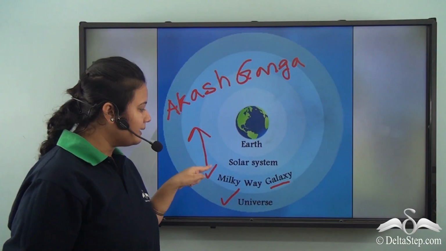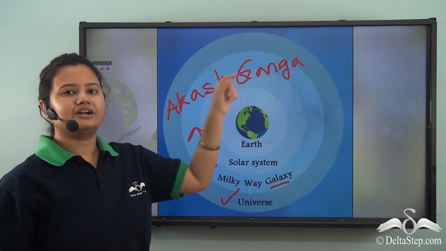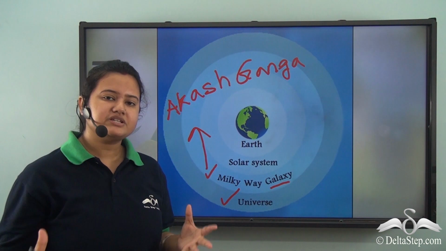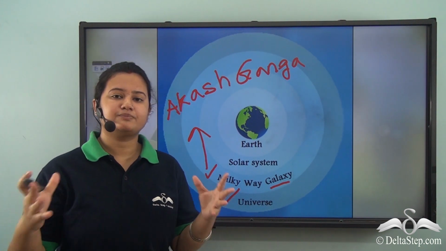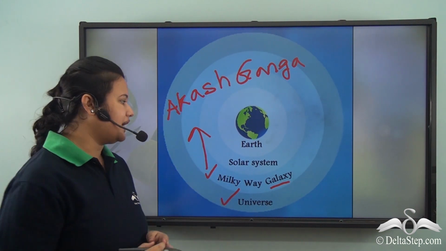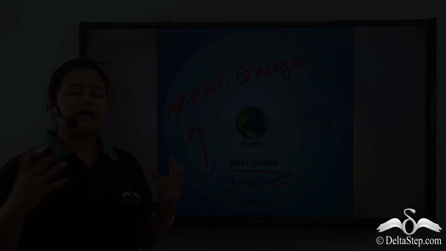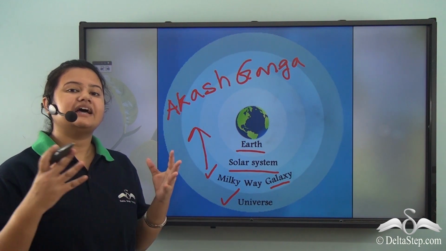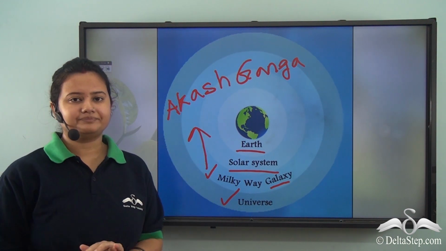So, we belong to the Milky Way or Akashganga galaxy. Now, within this galaxy, a subsystem of the Sun and 8 planets is present, which is known as the solar system. And our Earth, where we live, is one of the planets that revolve around the Sun.